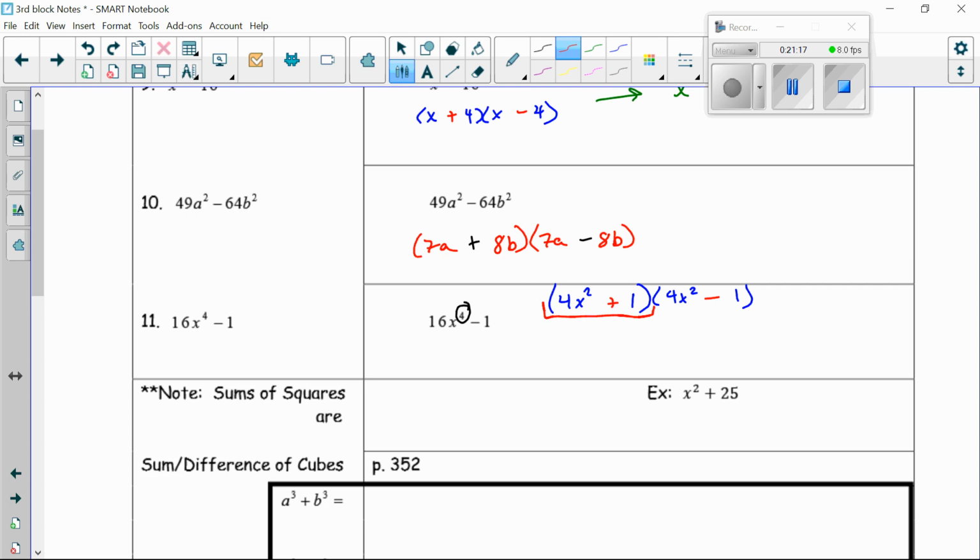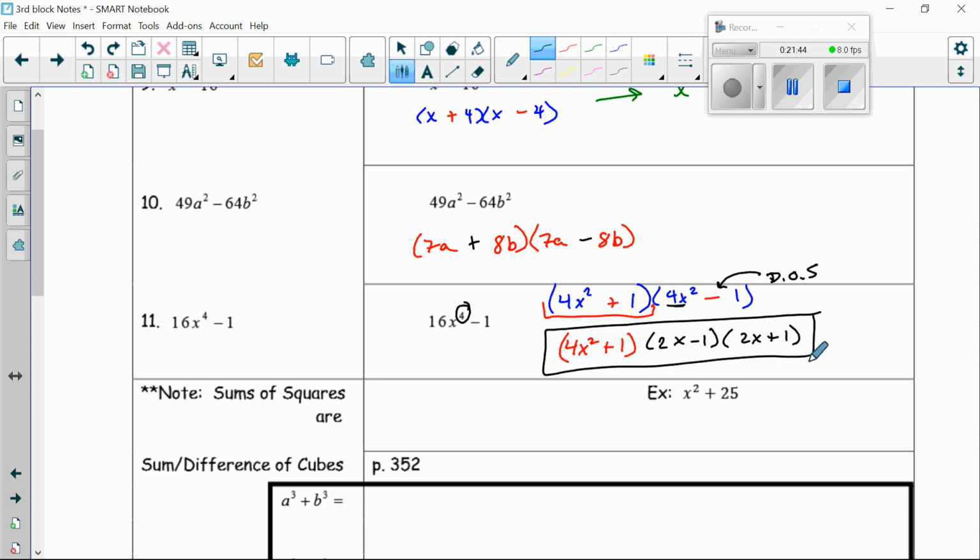Now sum of squares is prime, so that factor is done. Difference of two squares, though, the fact that this is also a perfect square means that this one factors again, difference of squares. And so square root of 4x squared is 2x, and so we have 2x minus 1 and 2x plus 1. So this one is completely factored now.